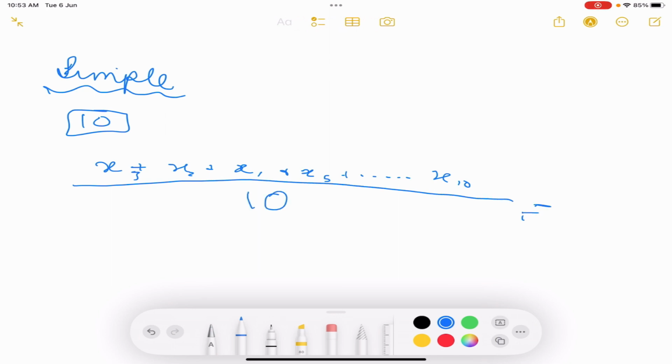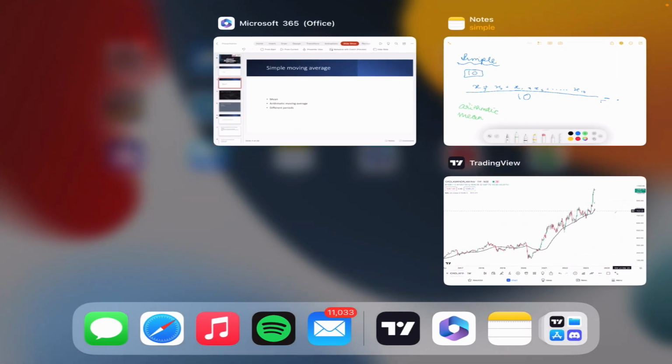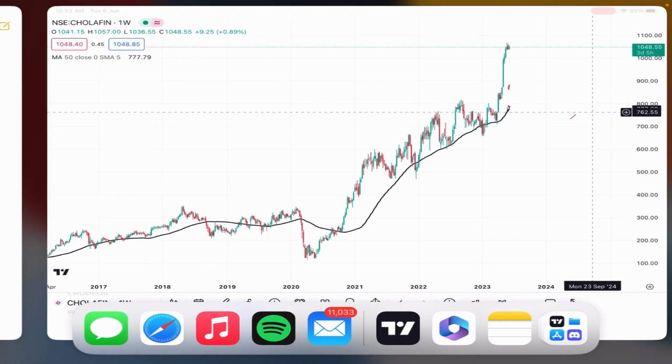This will give me my point in the moving average. So this is what is known as my simple moving average. You are basically just calculating the arithmetic mean, which is not that big of a deal. I hope you understood how to calculate this.